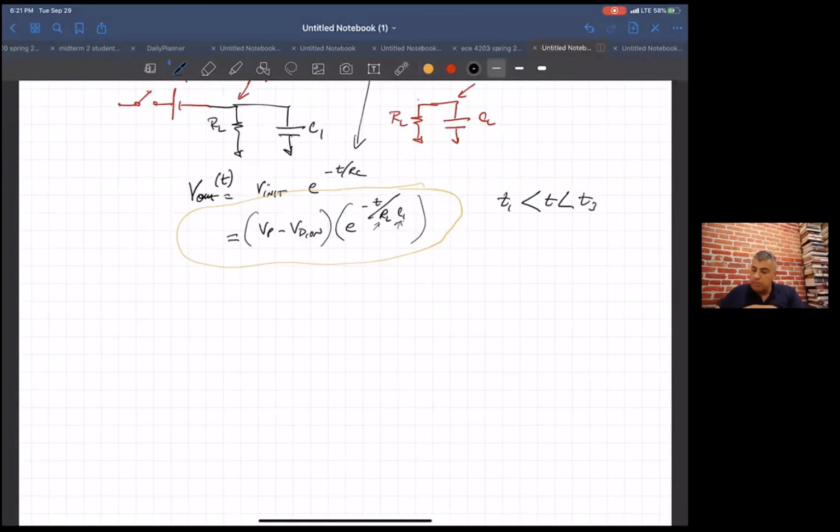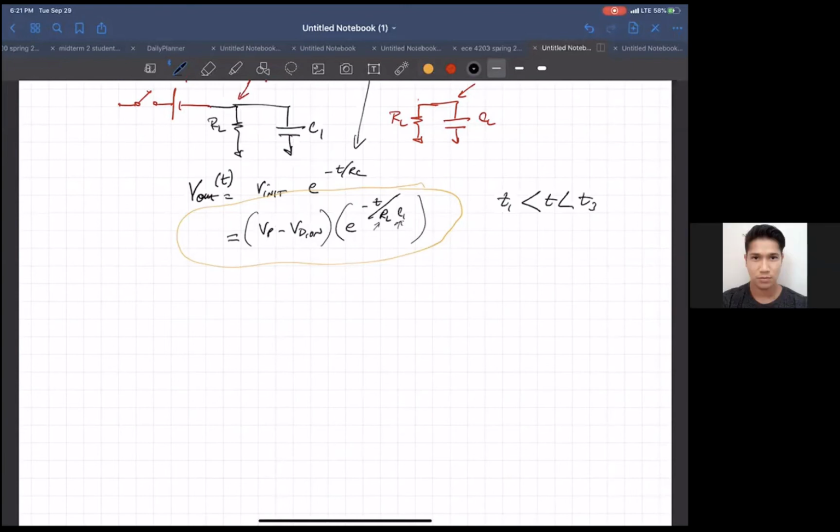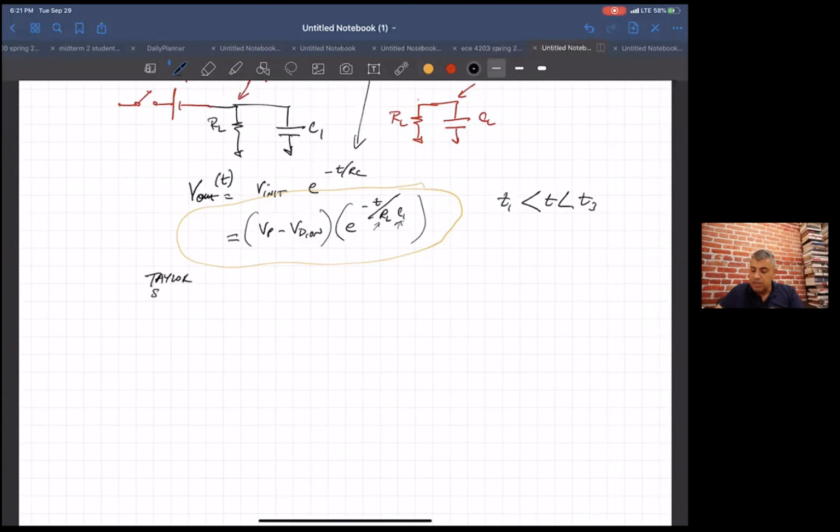So again, this is an exponential thing. You know how much we dislike exponential type equations in this class. As soon as we see an exponential, we try to get some simplification to get rid of the exponential, and this is no different. As usual, we've got that Taylor series expansion.